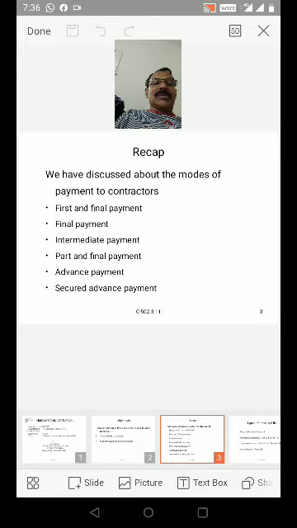This type of payment is generally adopted for petty works, that is split up works in projects.